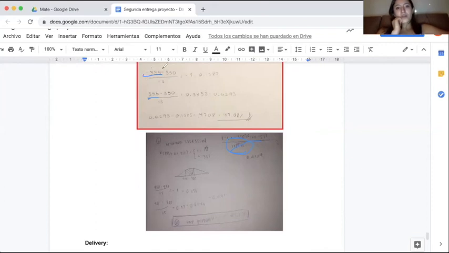So we do the same again: we take our x value minus our mean over our standard deviation, and then we get the result. We look in the z tables, and this is what we get, and you do the same for the other value, which is right here. Then you subtract the smallest number from the biggest number, and this is our final result.